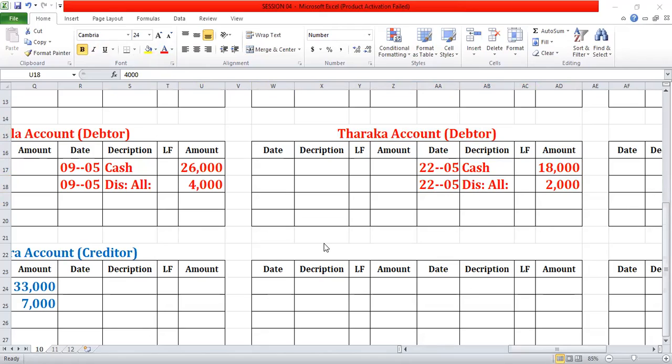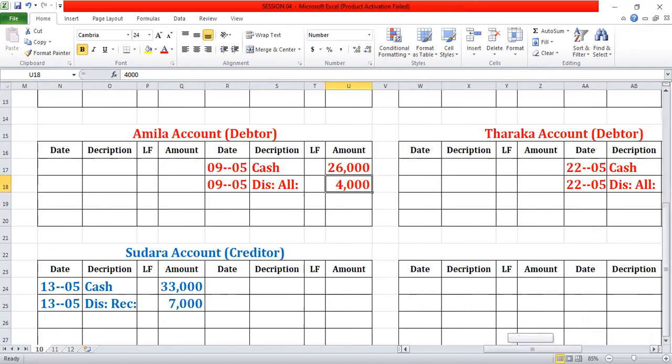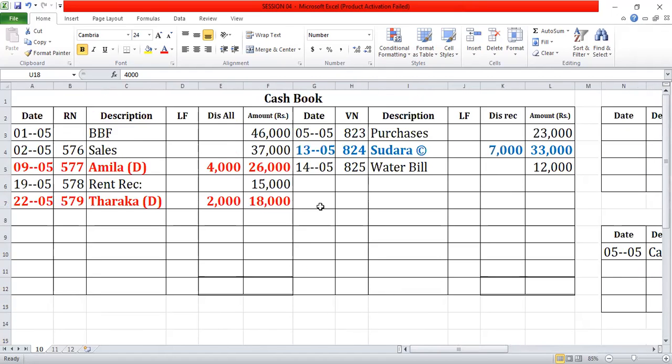30th. We have paid creditor named Patum on 30th May, right? Voucher number 826. Let's update that in the cash book first, because it's a prime entry book.